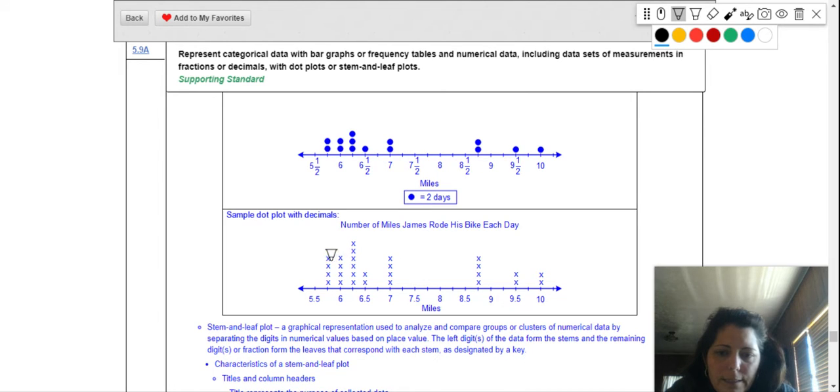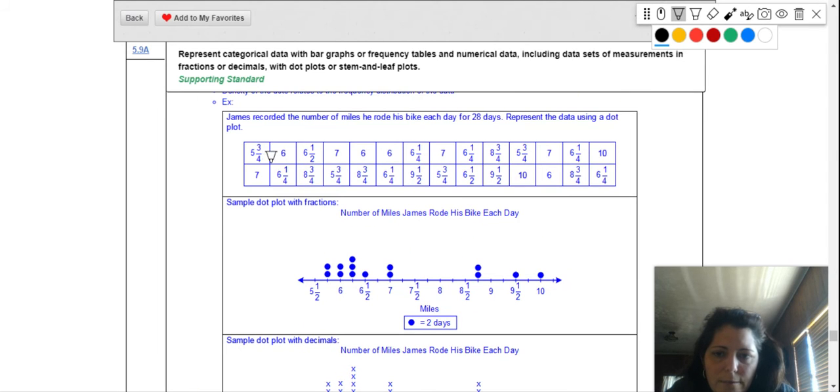And as you can see, here's 5 1/2, then 5 75/100, 6, 6.25, 6.5, 6.75, and 7. So it's broken down by quarter of a mile, or 1/4 of a mile, or 0.25. How many times did he ride his bike 5 75/100? 1, 2, 3, 4. 4 times.